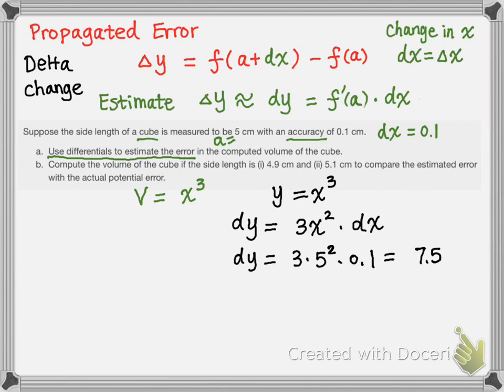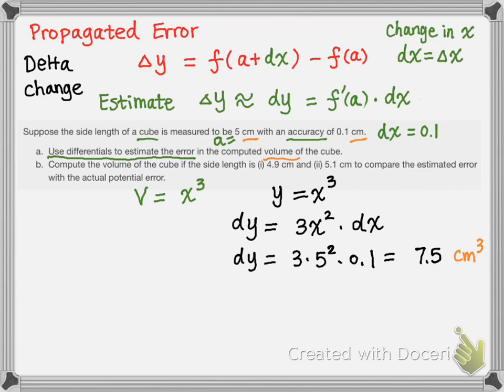And what is the unit? The unit for x is cm, so x squared is cm squared. But be mindful, the unit of dx is 0.1 cm. So cm squared times cm is cm cubed, and that's how you know this is the estimate of the error in the volume.